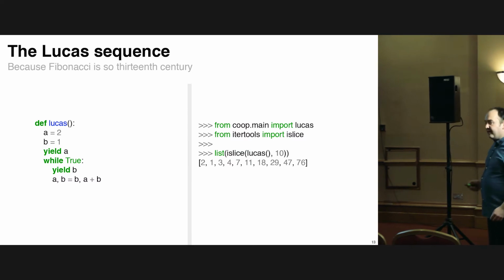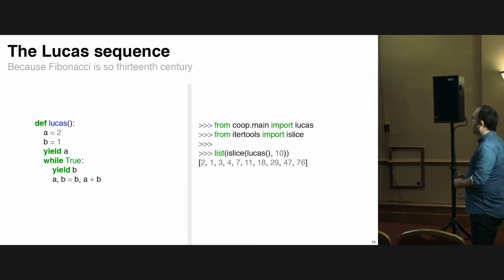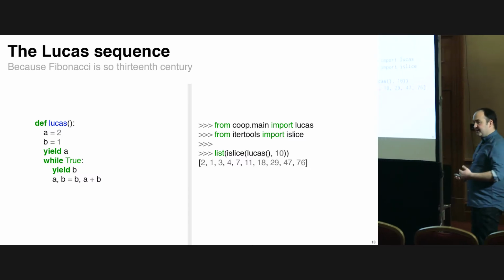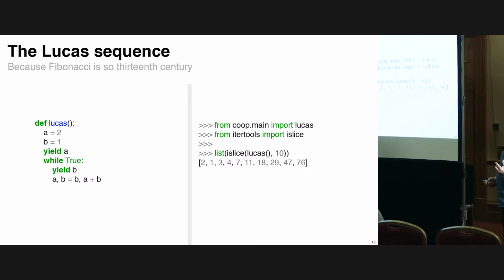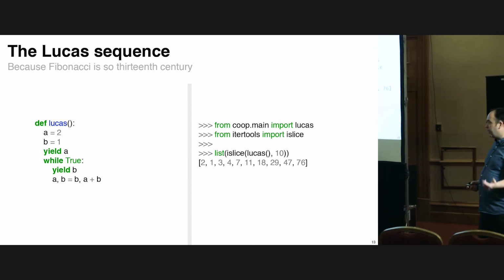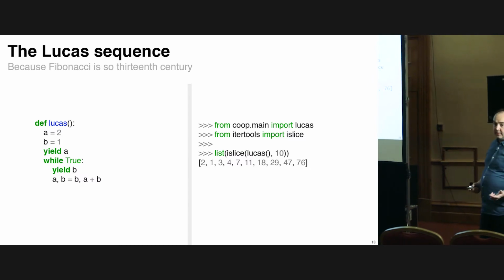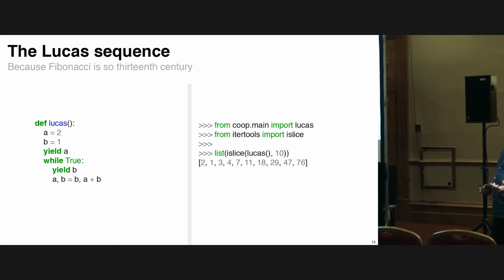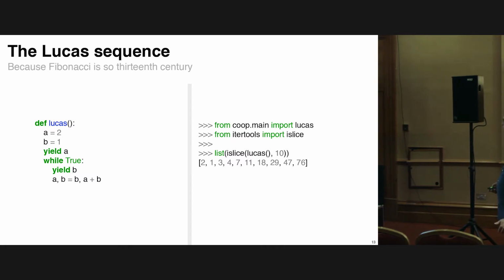So on the left here, I have a function called Lucas, and because that function contains the yield keyword at least once, that is what we call in Python a generator function. When we call it, it will return a thing called a generator object, which is essentially an iterator, as we'll see in a moment.